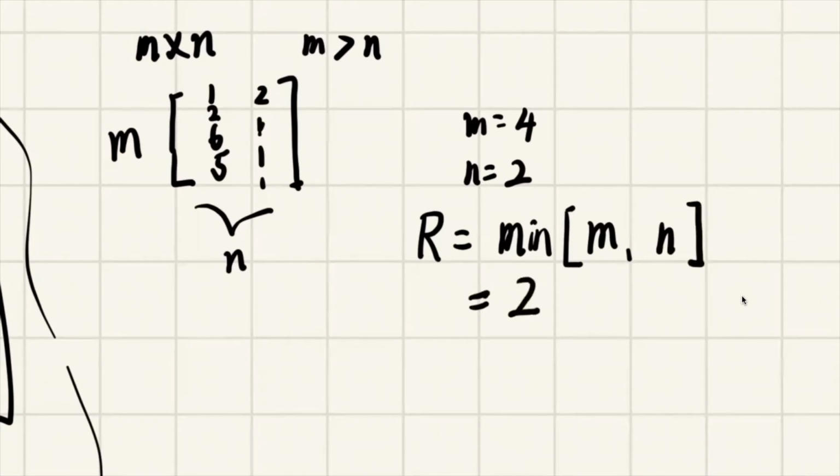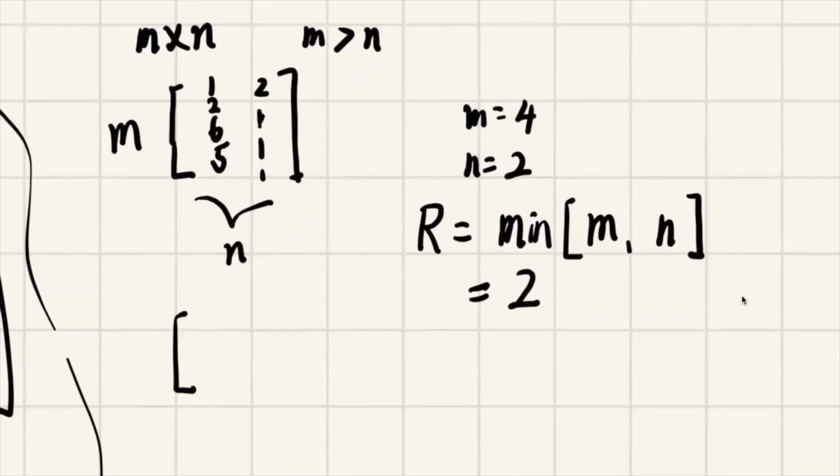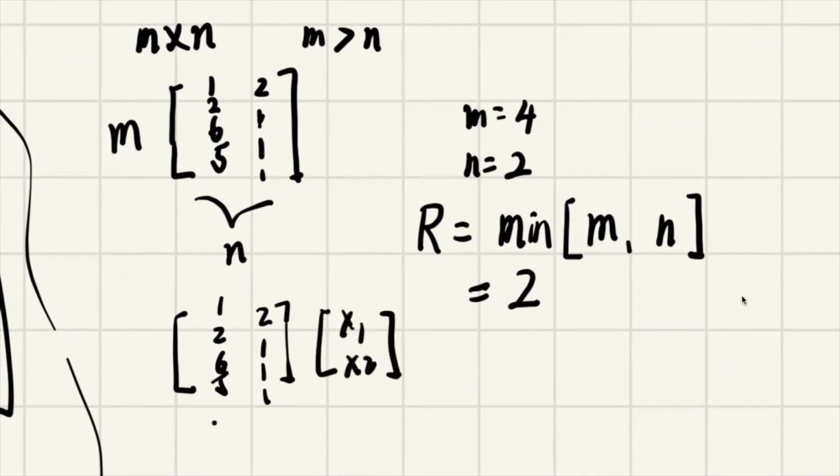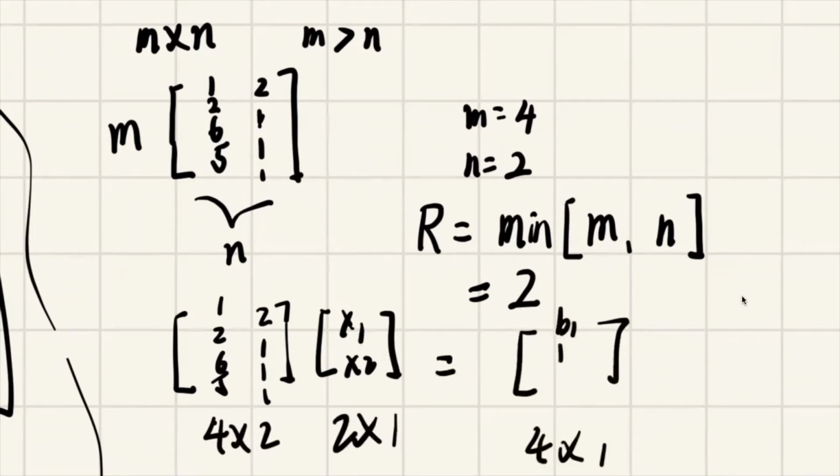And the question is what solutions we can get. If we multiply the matrix 1, 2, 6, 5, 2, 1, 1, 1 by x1, x2, because here it is a 4 by 2, we have to have a 2 by 1, so we get a result of 4 by 1. So it will be b1, b2, b3, and b4.